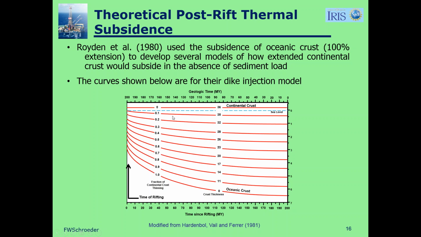And so the way we can read this is that, let's say, for example, this 0.4 would be the type of thermal subsidence we would expect if the crust at the location we're looking at was extended 40%. And down here would be 70% and 90% and 100%.